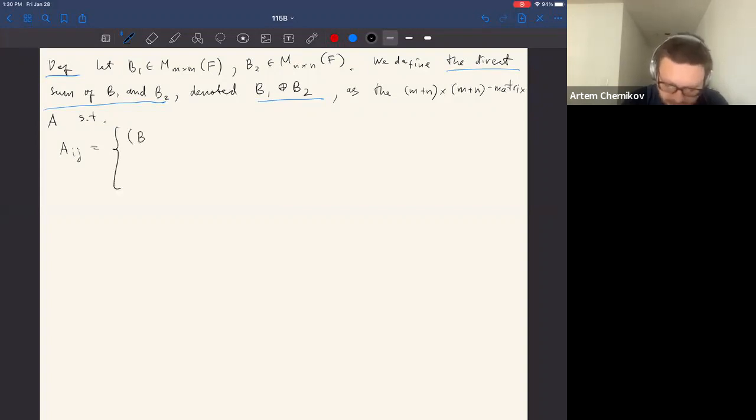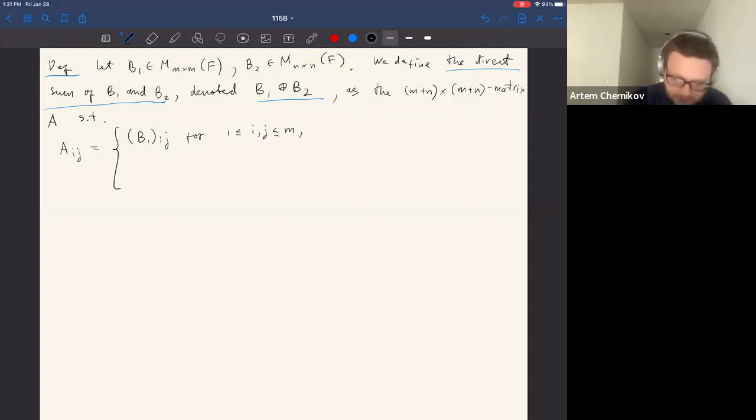It's going to be the corresponding entry of B1 if the indices fit into the interval corresponding to B1, so for all i, j both between 1 and m.